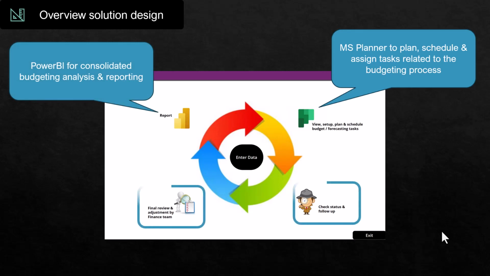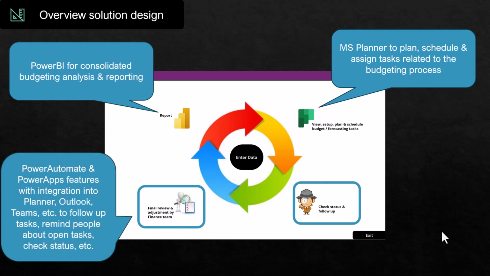And here at the bottom, what I highlight here, these are integrations into Power Automate, Power Apps, where I see connections from Planner, from Outlook, from Teams, and so on, that help me guiding or analyzing the planning and forecasting process. And the most important thing is, of course, the data entrance in the middle.